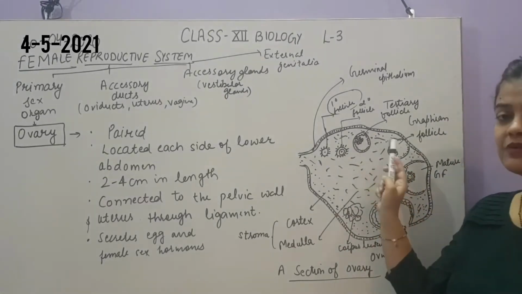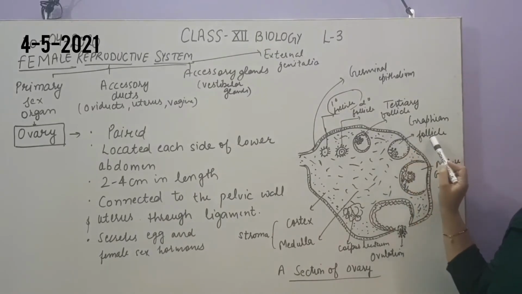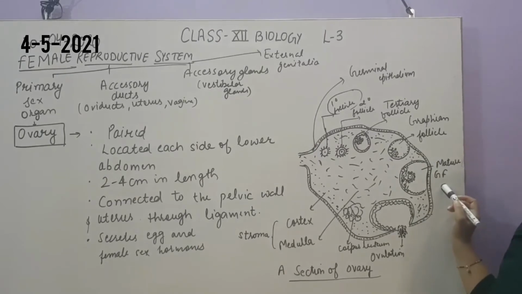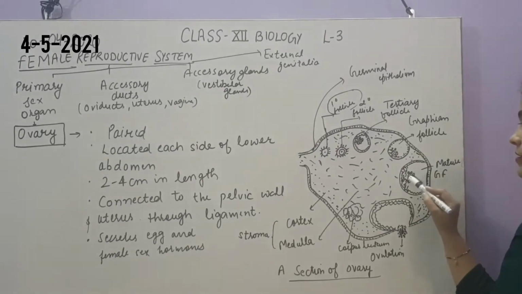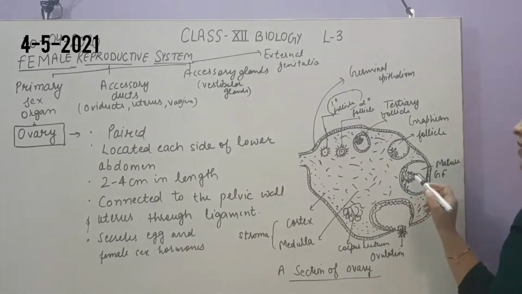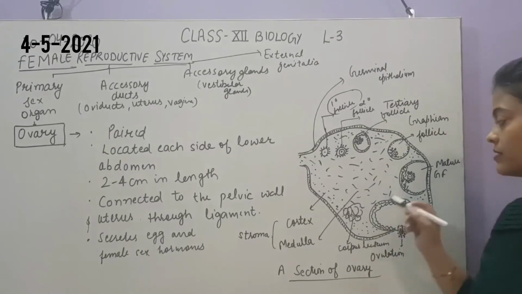Now as the development proceeds, the tertiary follicle will be converted into the Graafian follicle. Now this Graafian follicle will undergo maturation, so that the egg cell which is going to be formed will further proceed in its development by the oogenesis process.